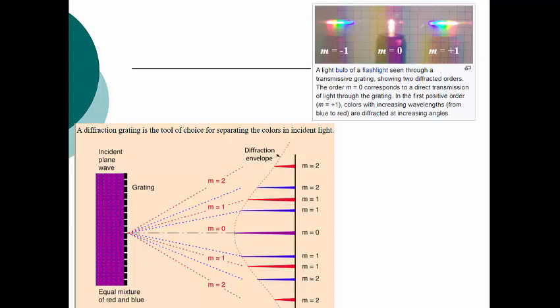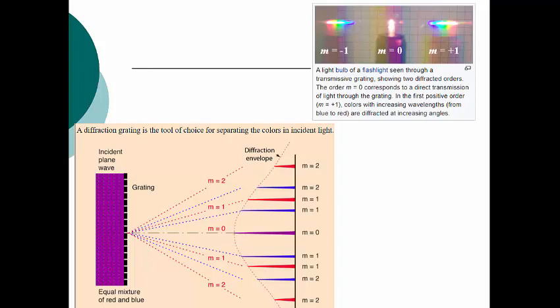This is a little bit different kind of picture where we have light, and here is our diffraction grating, and this is what we see on our screen, where we have, in this case, some purple light, and there's our central maximum, and it's being split up.